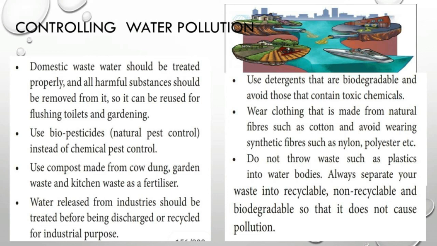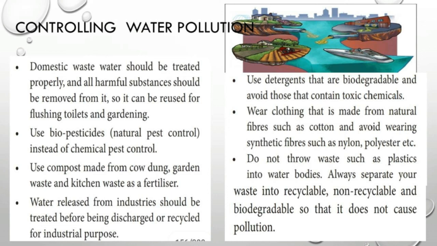Some simple ideas to avoid water pollution are: use detergents that are biodegradable and avoid those that contain toxic chemicals. Wear clothing that is made from natural fibers such as cotton and avoid wearing synthetic fibers such as nylon, polyester, etc. Do not throw waste such as plastics into water bodies.